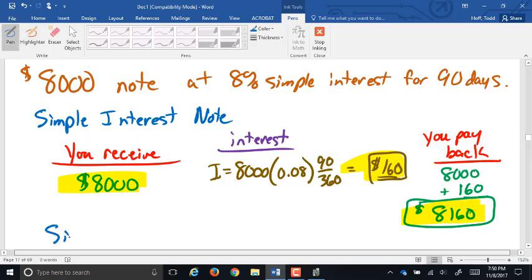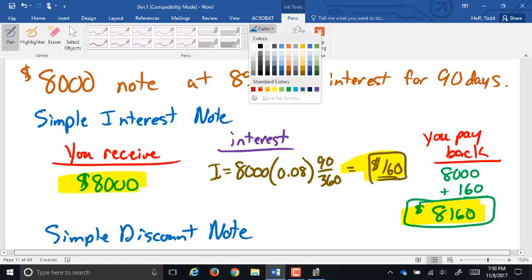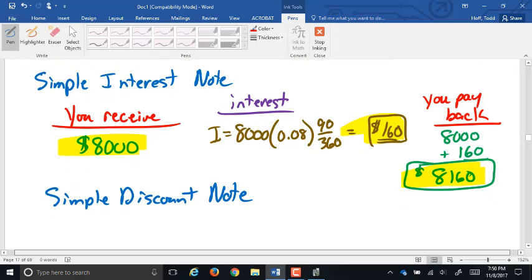If it is a simple discount note, how much will you receive? We don't know yet.